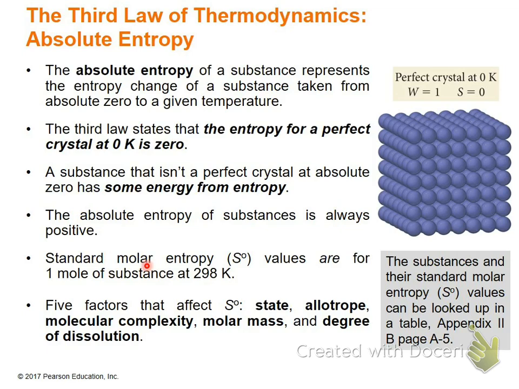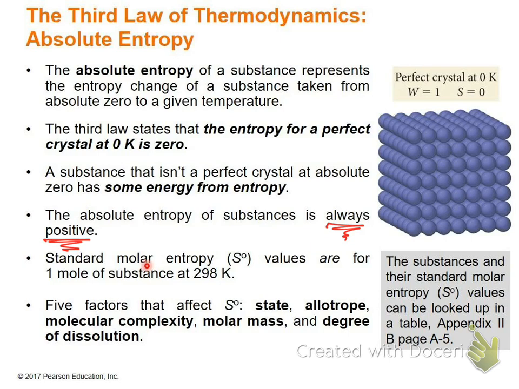So for that reason, the absolute entropy of substances is always going to be positive. Is that like the absolute value thing they teach you in like ninth grade? It's similar, yeah, absolute value. So that will always give you a positive value.